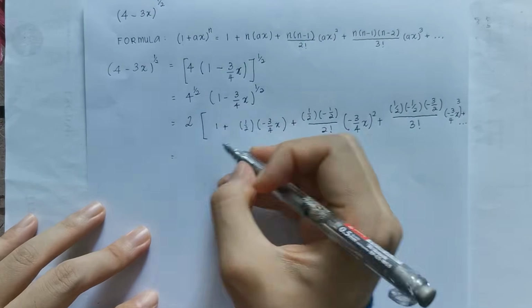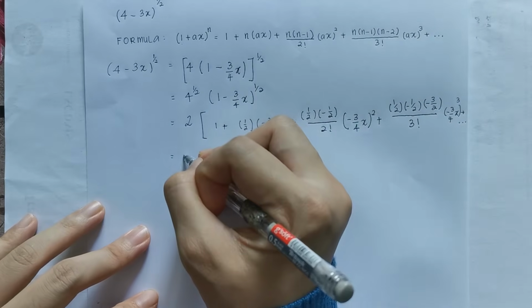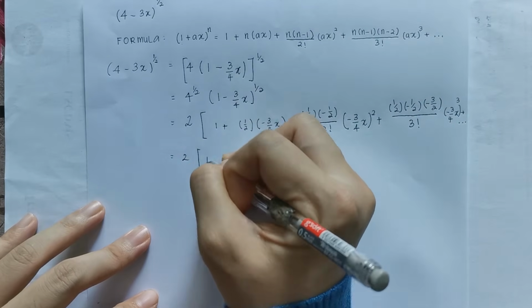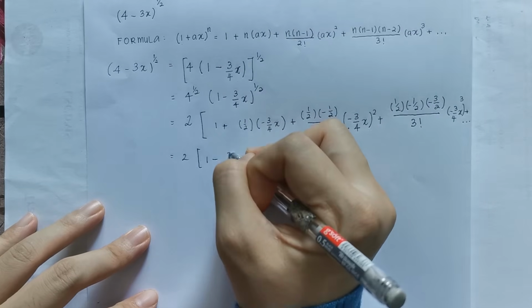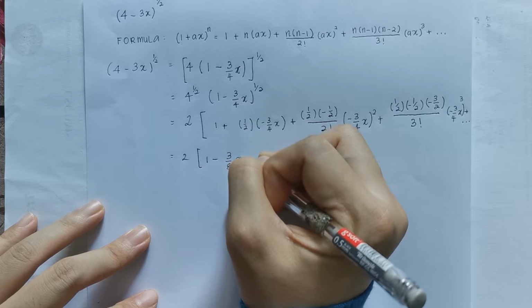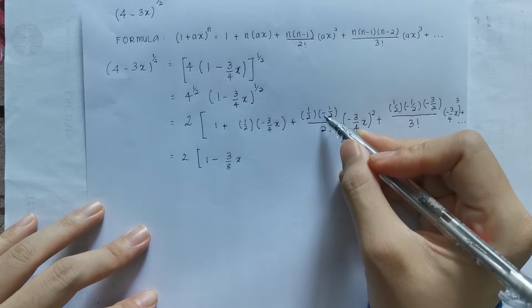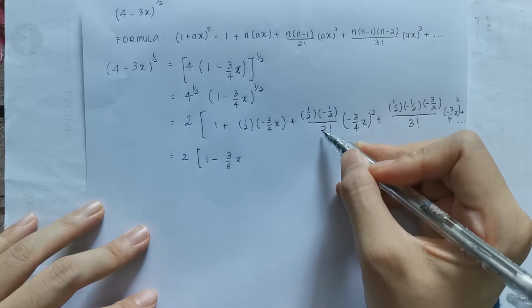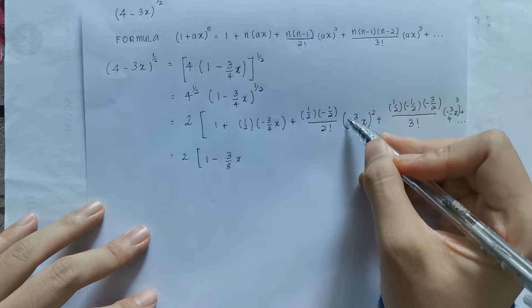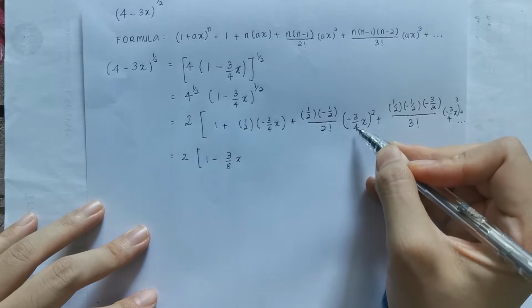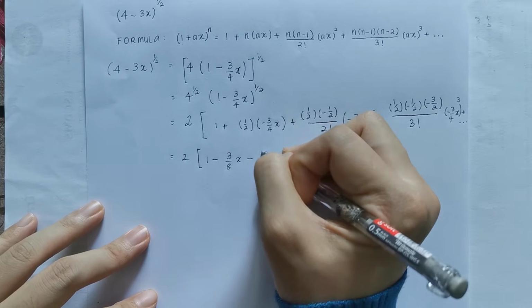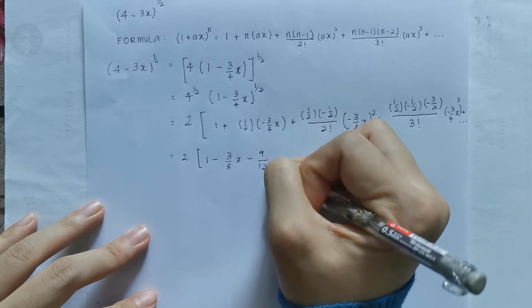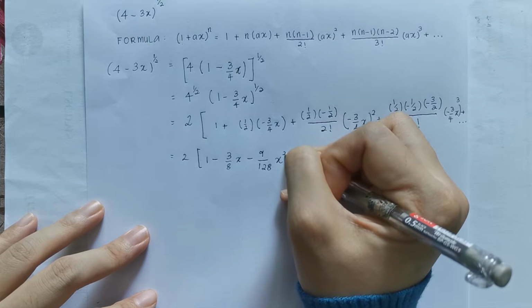Then we simplify, and we can use the calculator. 1 minus 3/8 x. Then a half times negative a half over 2 factorial times positive 9/16, we get -9/128 x^2.